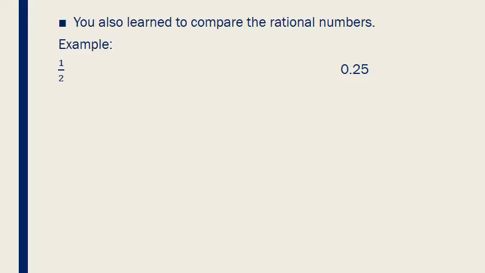All right, you also learned to compare rational numbers. Well, we know that if we're going to compare rational numbers, they have to be in the same form. I need 1/2 to either be a decimal or 25 hundredths to be a fraction. I'm going to go ahead and turn that fraction into a decimal because I know that 1/2 is 5/10.